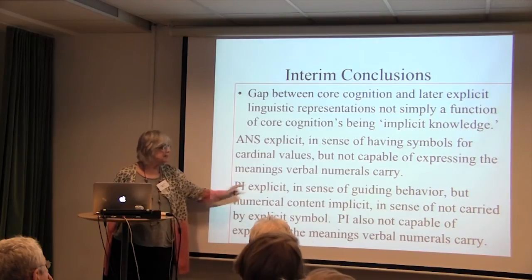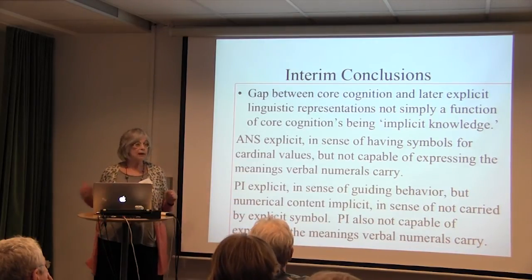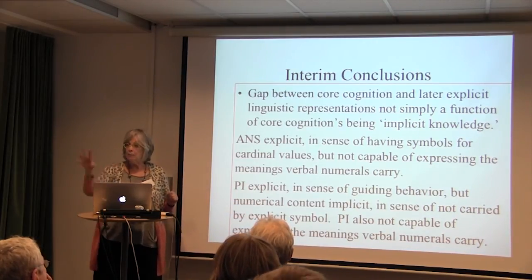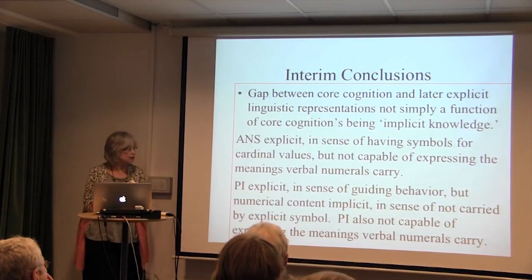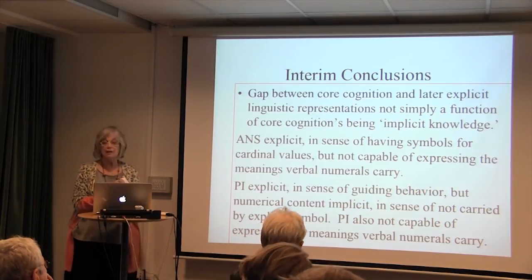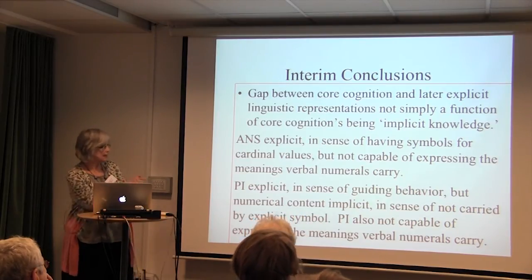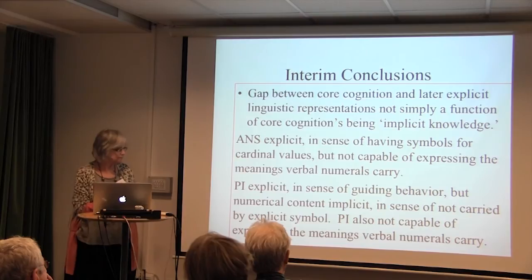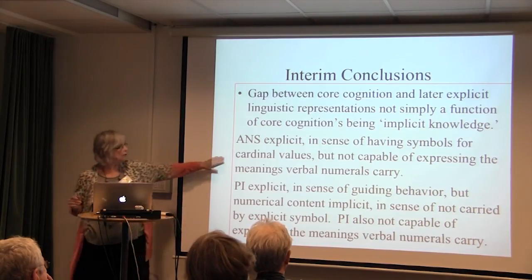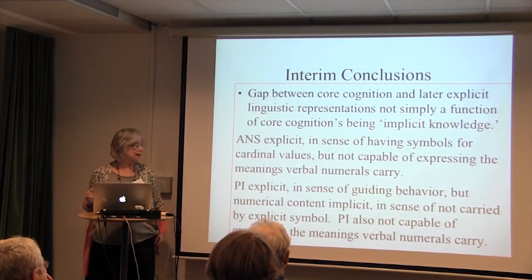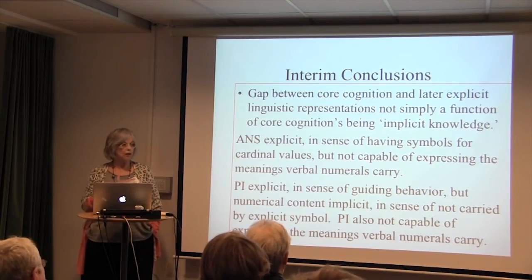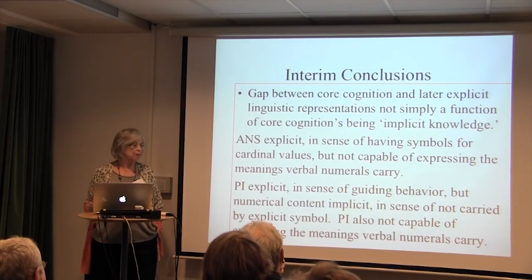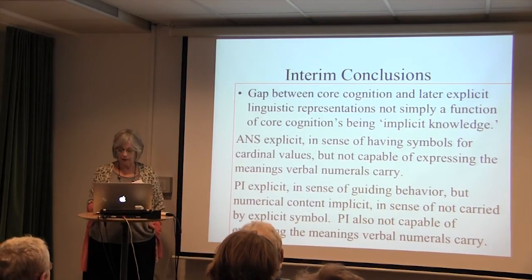This one is explicit in the sense of guiding behavior, right? Parallel individuation is guiding how many times you reach into the box, right? So it's explicit in that sense. It's just that the numerical content is implicit in the sense of not carried by explicit symbols. But neither of these are capable of expressing the meanings of verbal numerals, and that's probably the reason for the fact that it's very hard for preschoolers to master these representations.